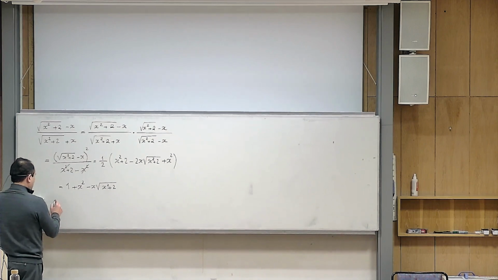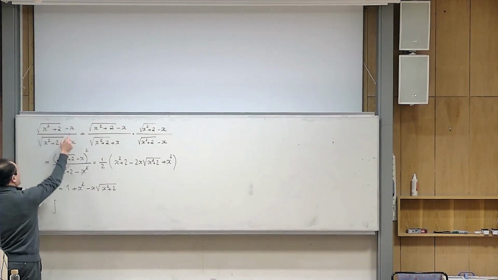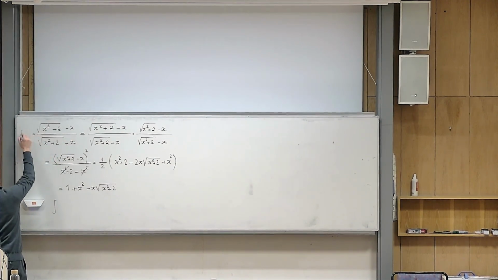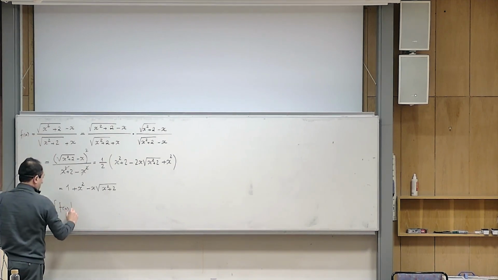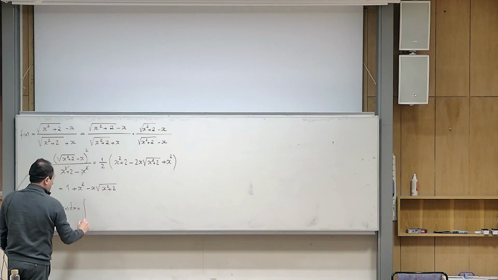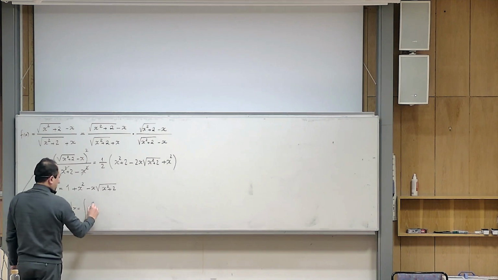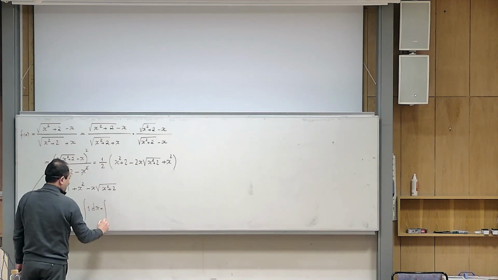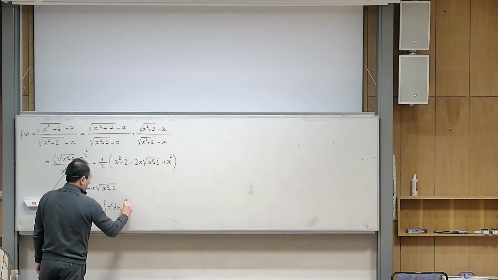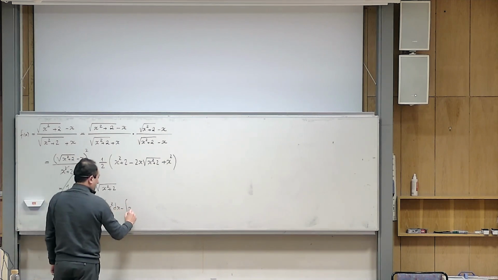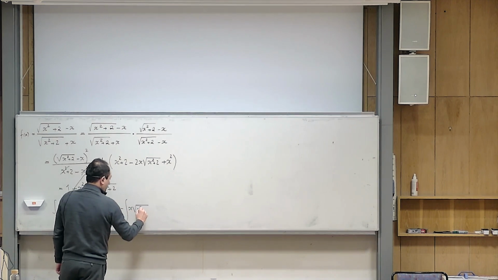So the integral of my function, if you don't mind, let me call it f of x. The integral of f of x dx is equal to the integral of that part, 1 dx, plus the integral of the second part, which is x squared dx, minus the integral of the third part, which is x times the square root of x squared plus 2 dx.